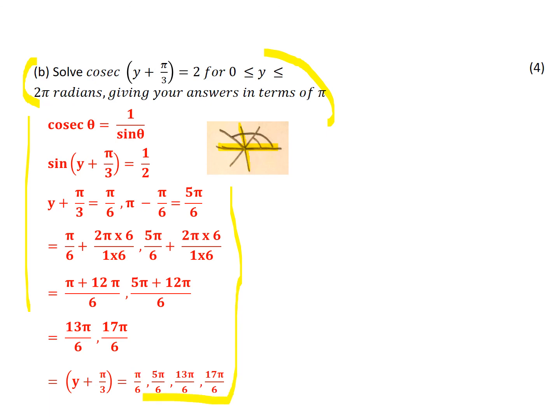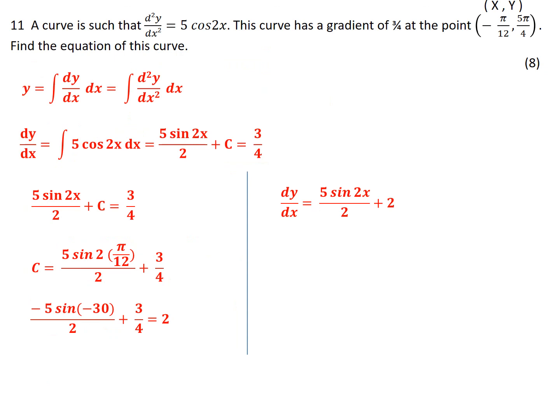This time we have also been given the limit, which is 0 to 2 pi. In radians that means from 0 to 360. Anything above which or lower than 0 will be cancelled out.